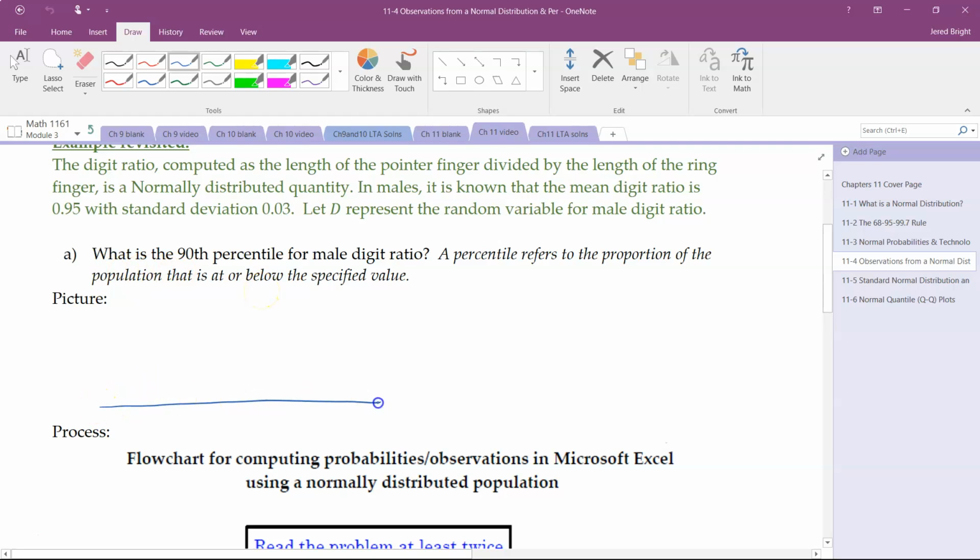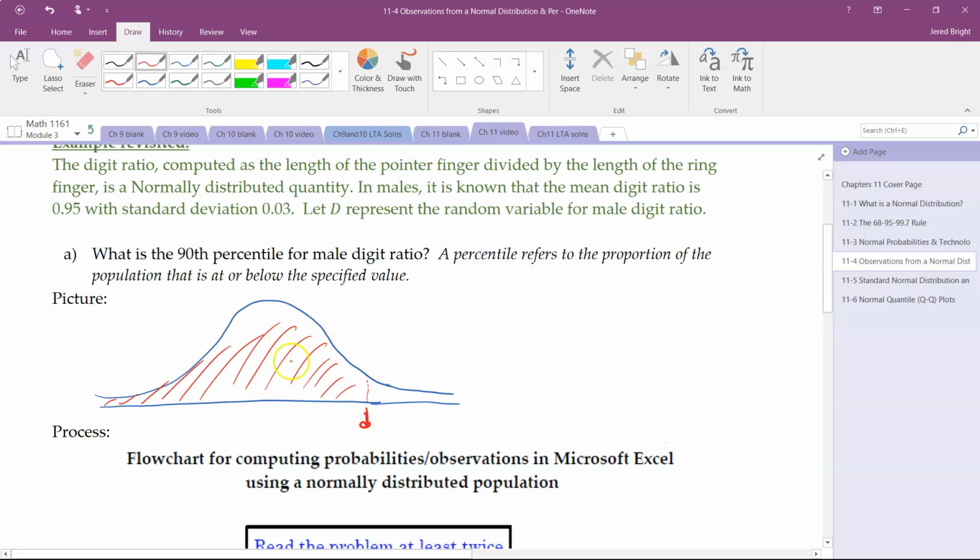So the idea here is if I draw a normal density curve, the idea with the percentile is that it is a position on the curve such that, let's call this x. Actually, I'll call it little d, because it is an observation, not a random variable. But below that observed value is whatever the percentile we're at.